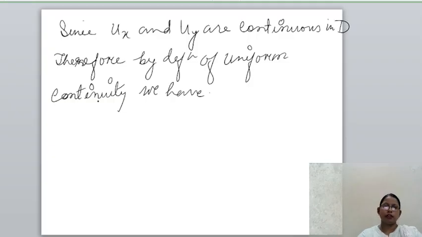Therefore by definition of uniform continuity, we have... what is uniform continuity?